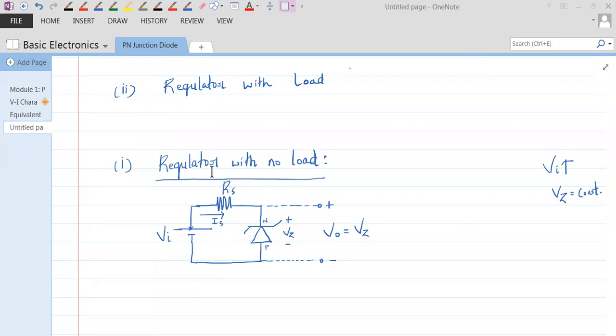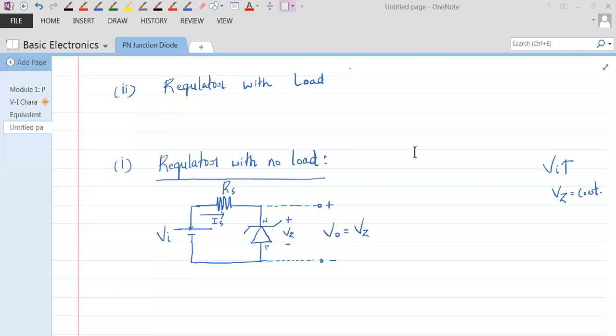What is a regulator? A regulator is an electronic device wherein the voltage across the Zener diode is constant, though we vary the input voltage. So a regulator is a device whose output voltage is constant irrespective of variation in the input voltage.